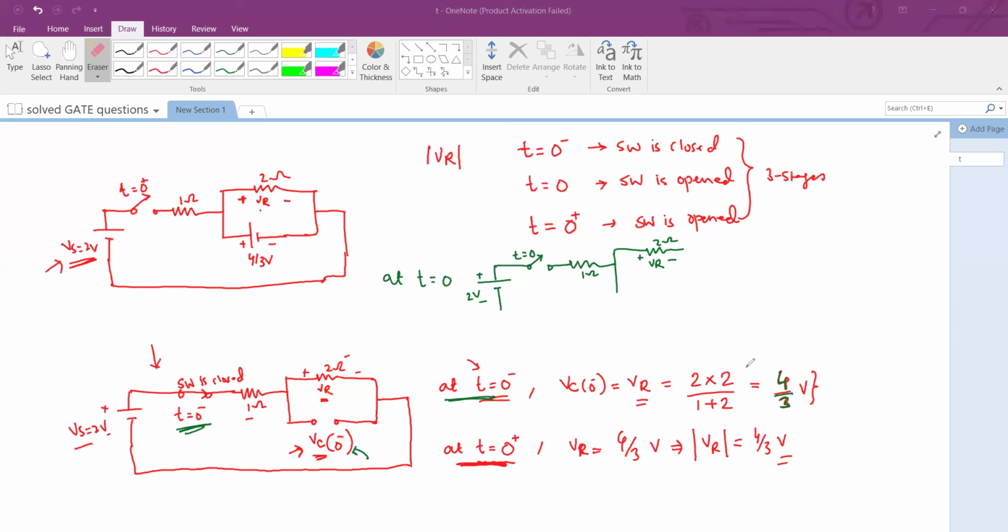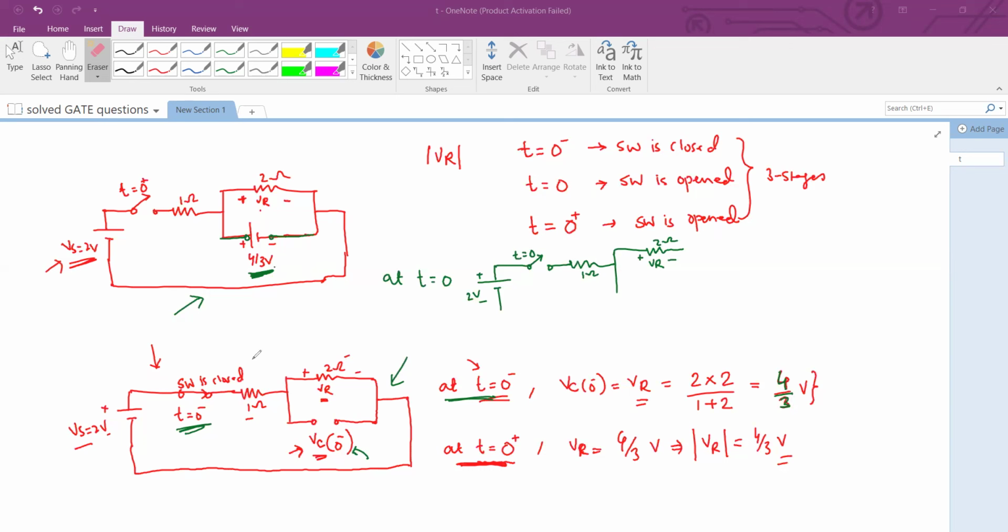So this is a steady state condition of the circuit and the capacitor. This is also a steady state condition of the circuit and the capacitor, because eventually this voltage source, which is representing the voltage across the capacitor, will also get open circuited. So it will be represented by an open circuit voltage of 4 by 3 volts.